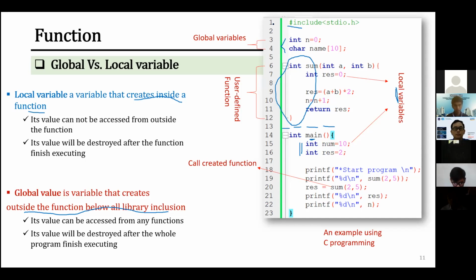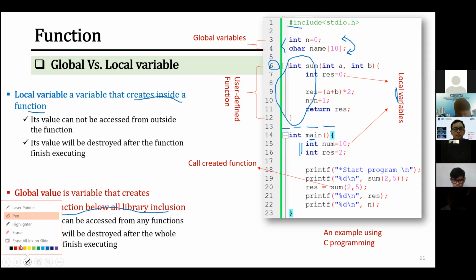For example, at line 6 here, you can call these two variables because they're already created before, because when the program compiles, it goes from line 1, line 2, line 3, line 4. So when it is compiling line 6 or line 7, it knows what line 3 and line 4 are already.